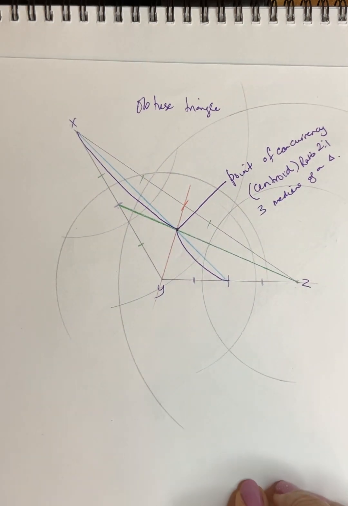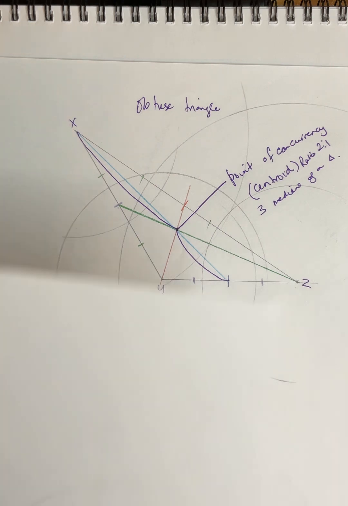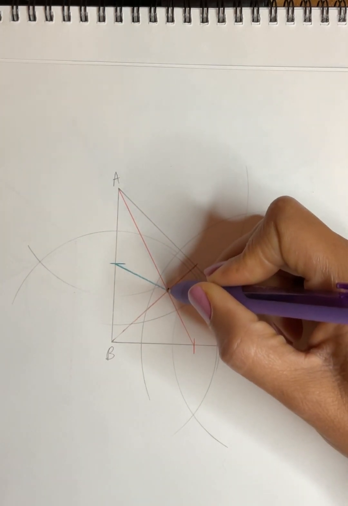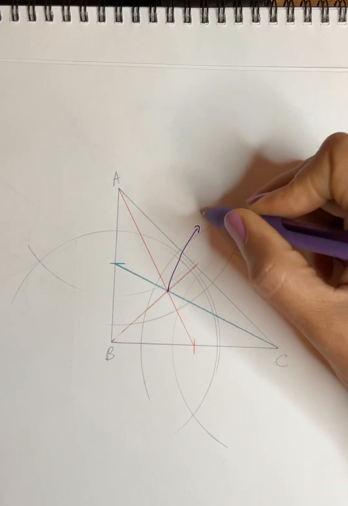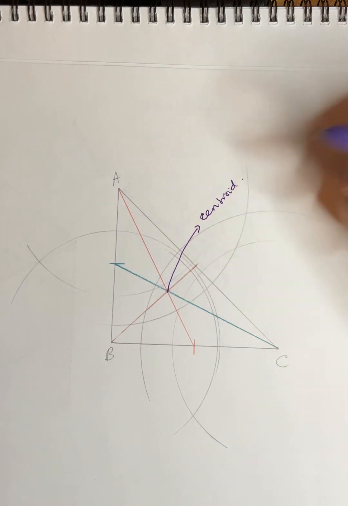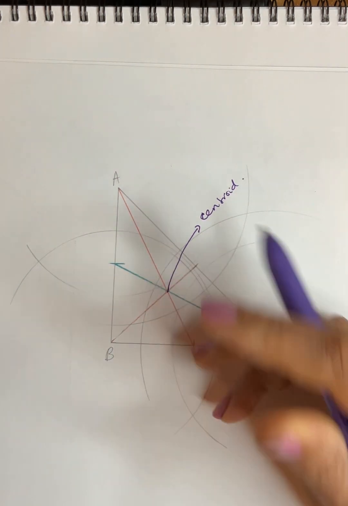Now there's also the right triangle, so that was for an obtuse triangle. This is where your centroid is also, and I already did this for you. This is your centroid right here because it's your point of concurrency, and it's meeting inside.